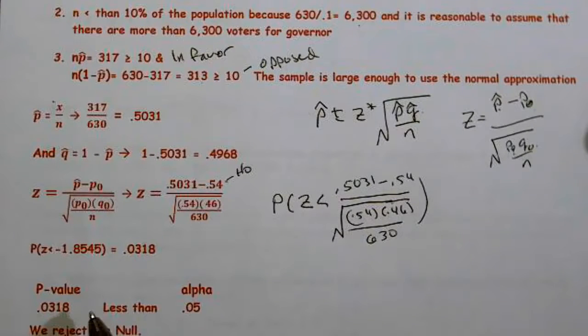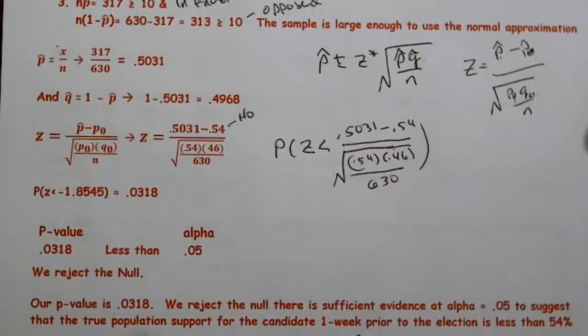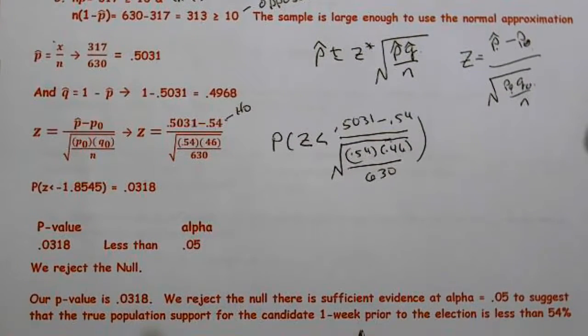So our p-value is less than our alpha of 0.05. Because it's less, we're going to reject the null. The null was that it equaled 54%. So our p-value is 0.0318, and we reject the null. There is sufficient evidence at alpha equals 0.05 to suggest that the true population support for the candidate 1 week to the election is less than 54%.